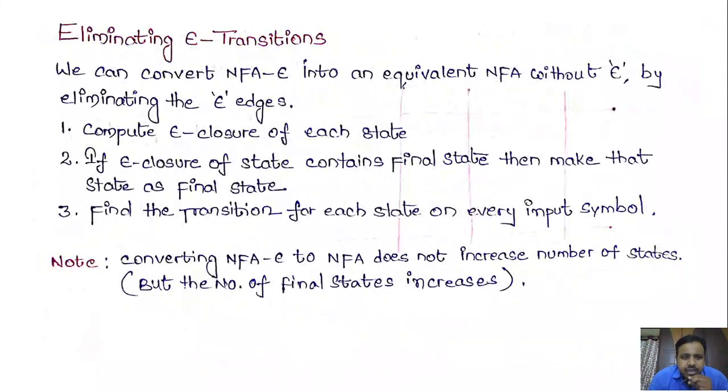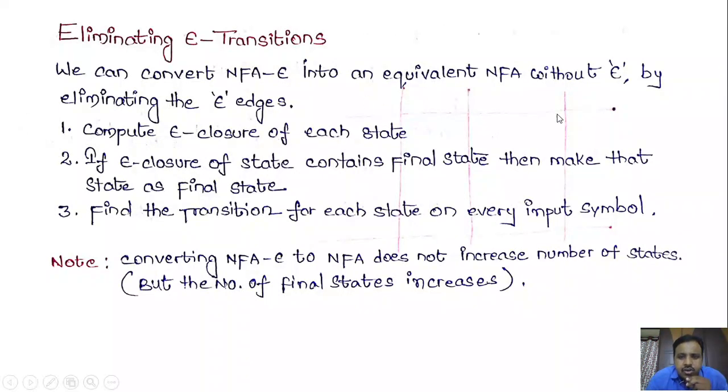Now, in today's session, we will see how to convert an NFA with epsilon into an NFA without epsilon, in short, simply eliminating the epsilon transitions. We can convert an NFA with epsilon into an equivalent NFA without epsilon by removing the epsilon transitions.